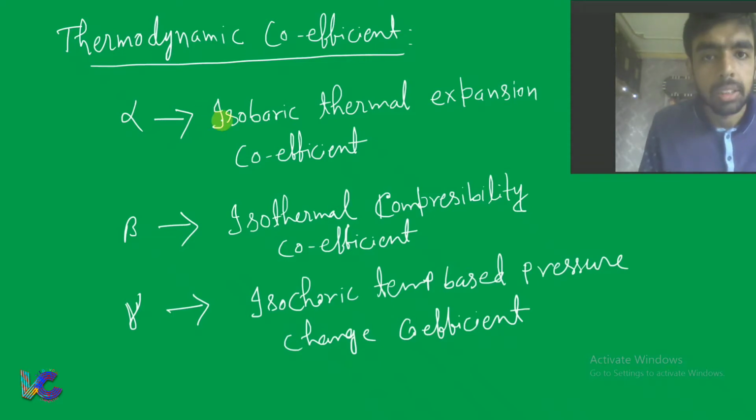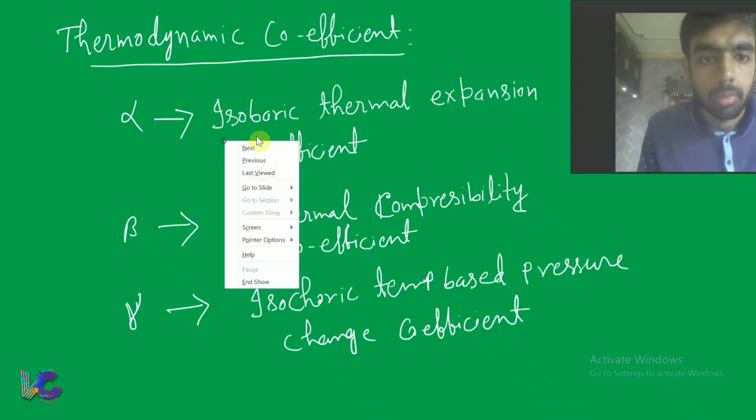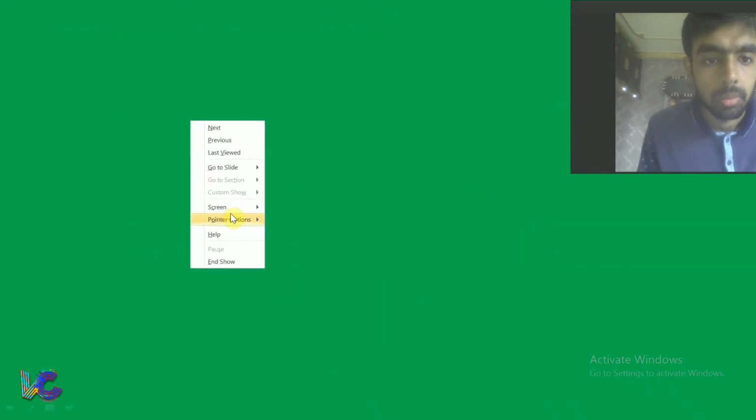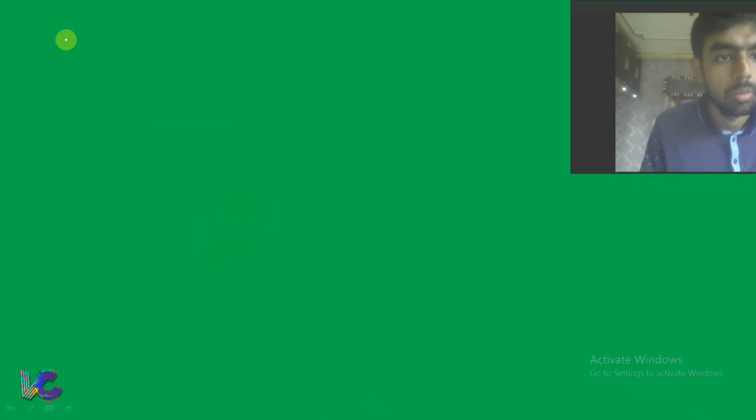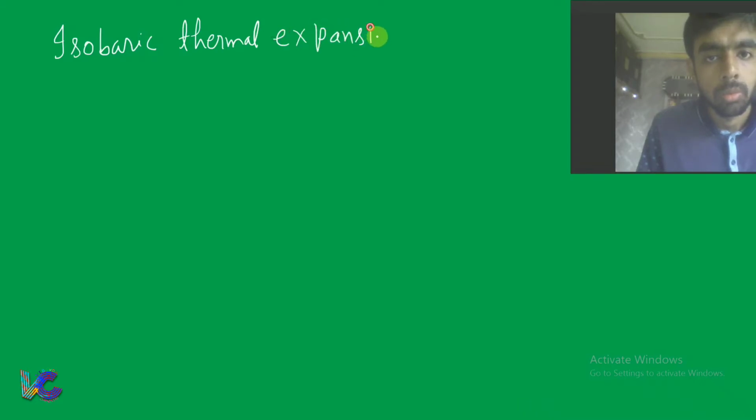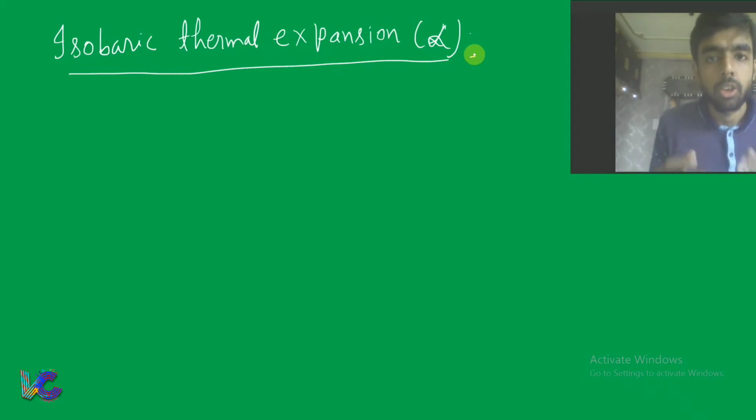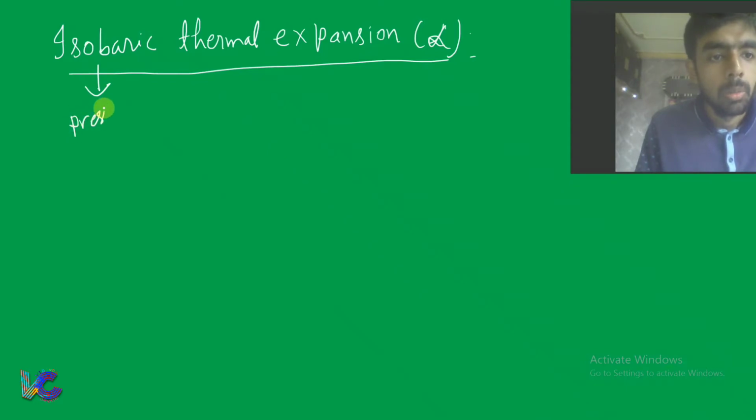Fine. So first let's talk about isobaric thermal expansion coefficient, that is alpha. From the name itself you can understand that isobaric means pressure is constant.